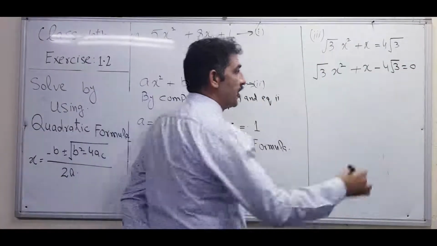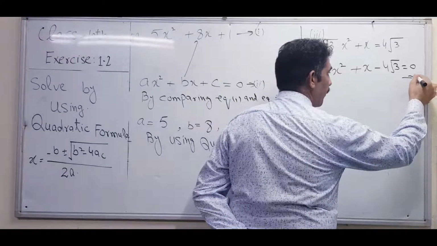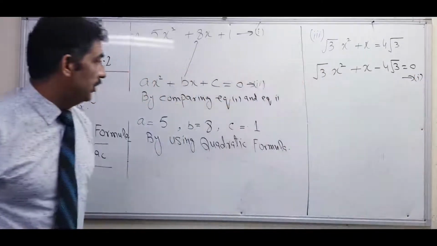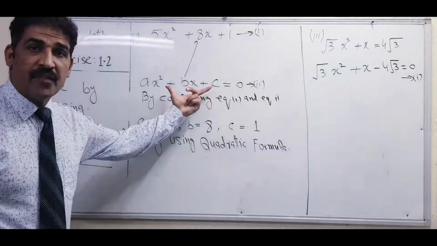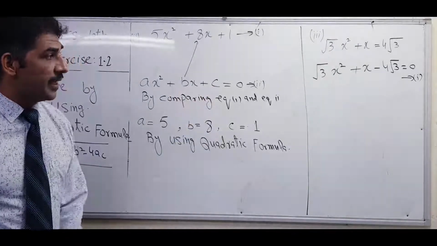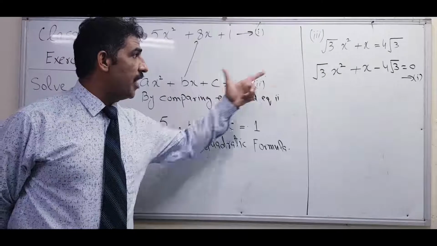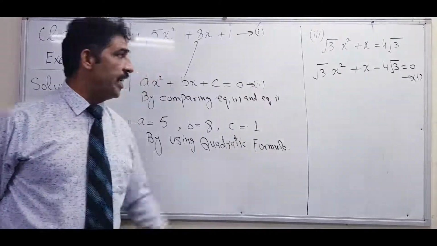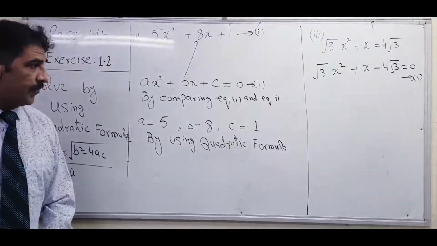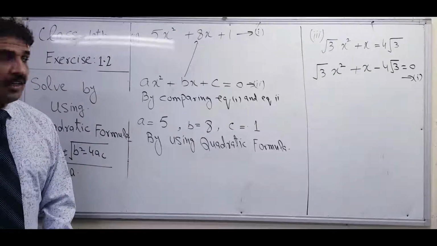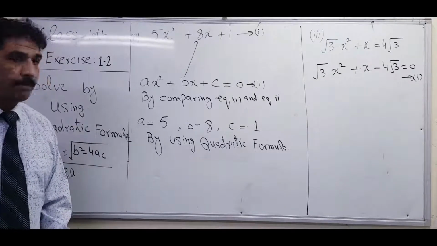Now this is your equation number 1, and equation number 2 is the standard form of the quadratic equation. By comparing the standard form and equation number 1, find the values of A, B and C, and by using the quadratic formula find the answer.